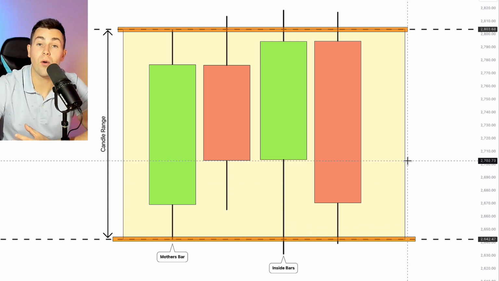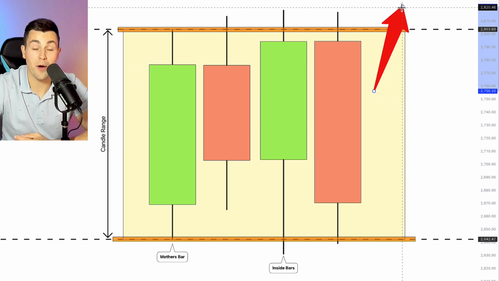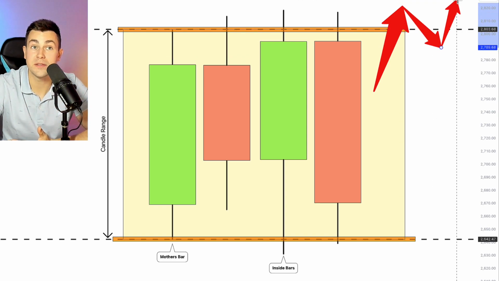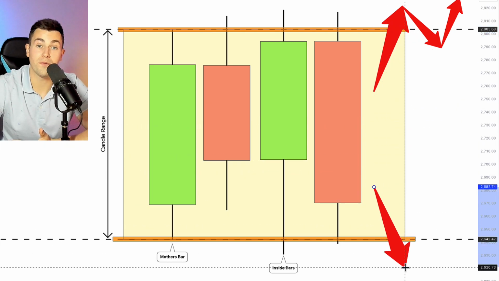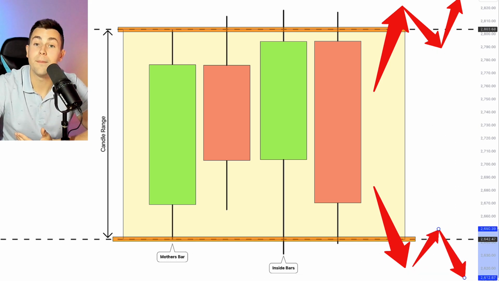For you, a strong bullish signal will be the breakout of the range of the Mother's bar and the candle close above that. After that, you can anticipate a bullish continuation much higher, while a breakout of the support of the range of the Mother's bar will be a strong bearish signal.